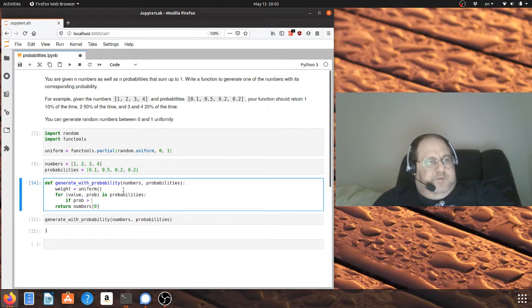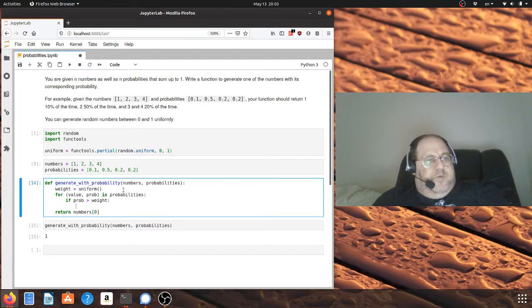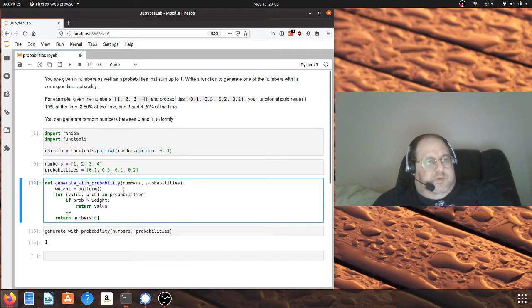Yeah, that's probably good. If probability greater than weight, return value. Otherwise, weight minus equals probability.